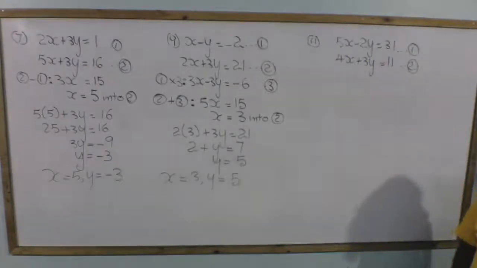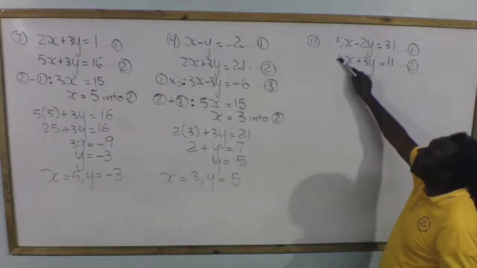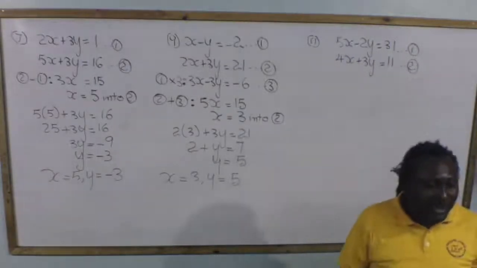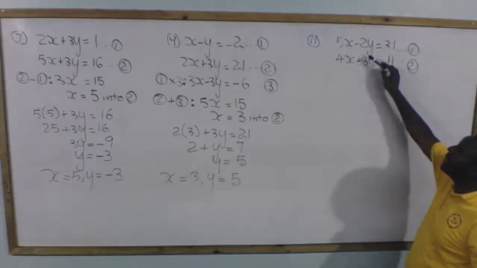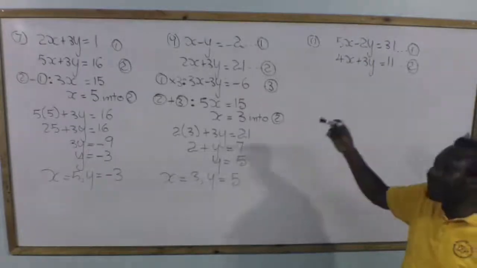As we see, there are no additive inverses and no two coefficients are alike. Therefore, we will have to do some multiplication. So you will tell me what we will multiply by. Now, if we multiply these two equations by 5 and 4, although there is no great disparity between multiplying by negative 2, 2 and 3, these numbers are still larger.